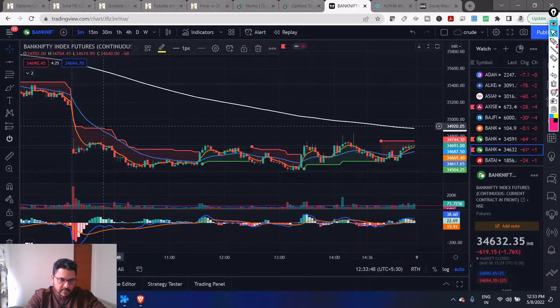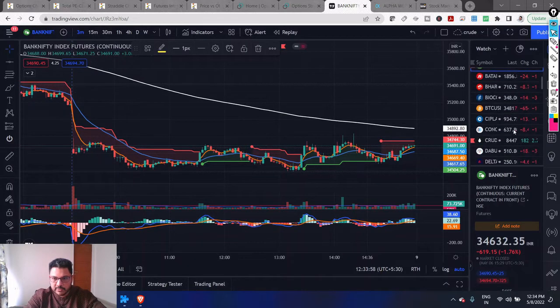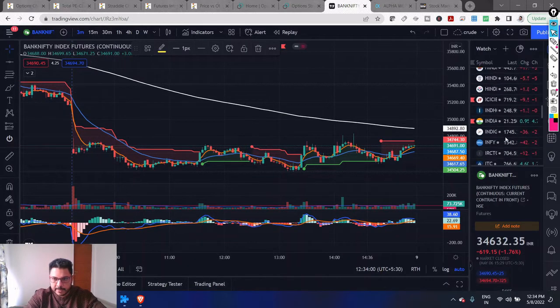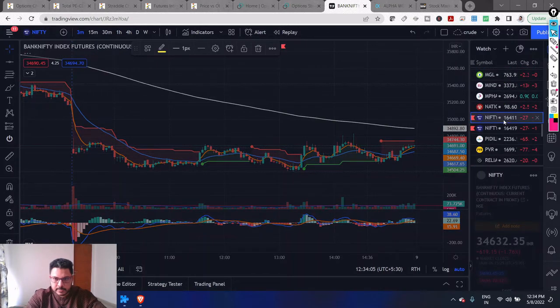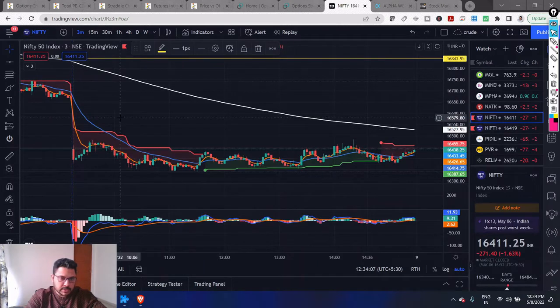So even with 14 and 3, we are able to see 1 2 3 4 times it has hit on Bank Nifty. But if you see it on Nifty spot, it is only 1 and 2.